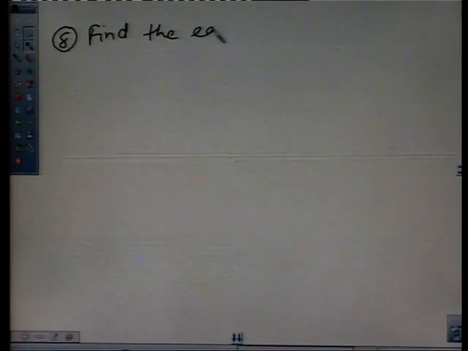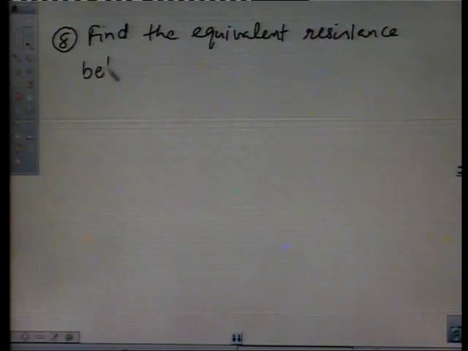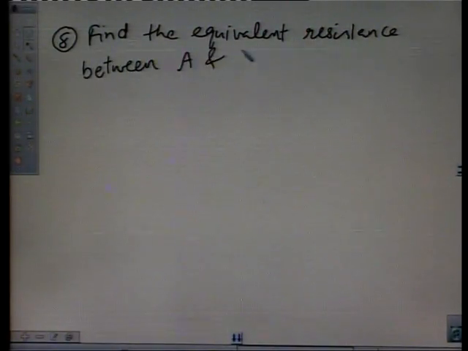Now the next is, find the equivalent resistance between A and C. So here we have a given circuit.